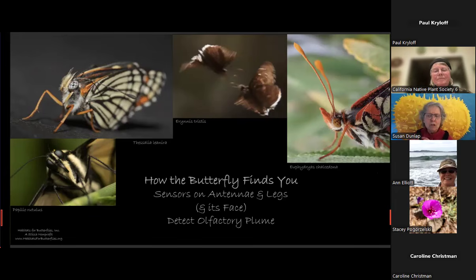Sensors on her feet interpret this chemistry on contact. She can discern whether or not it has the right chemical mix to serve as a host plant for her larvae. This is why, if you're trying to attract monarchs in spring and your Asclepias is not yet in bloom, it doesn't matter. If you have a robust set of nectar plants that bring them in, they will find the host plant on their own.